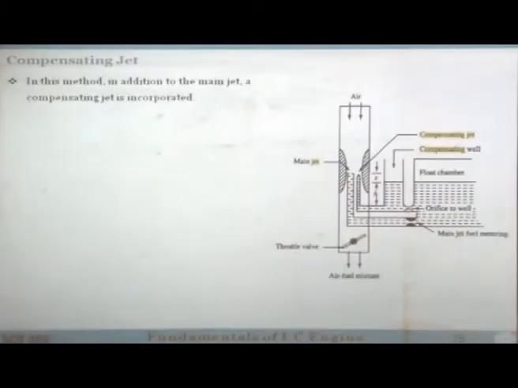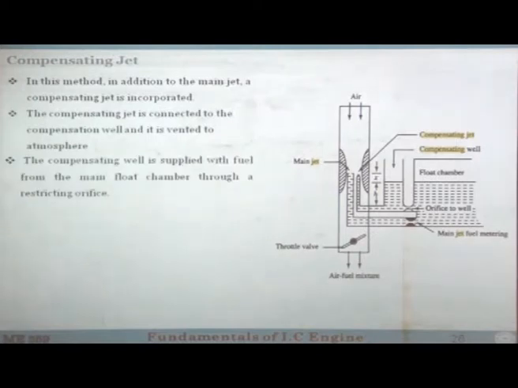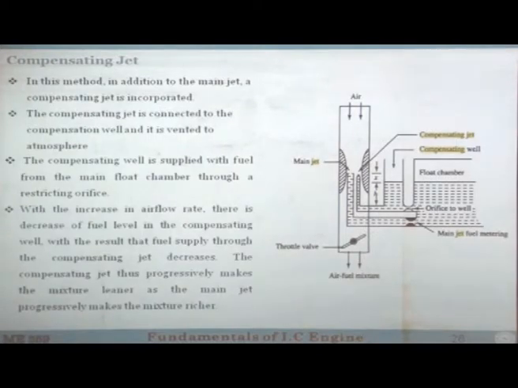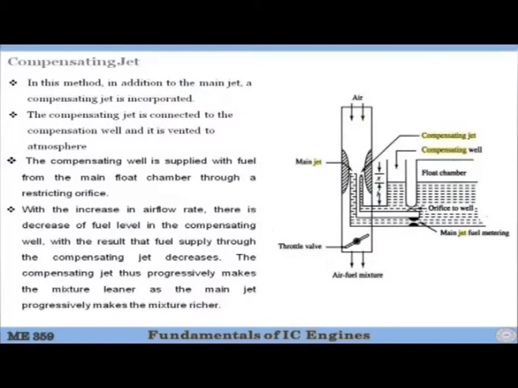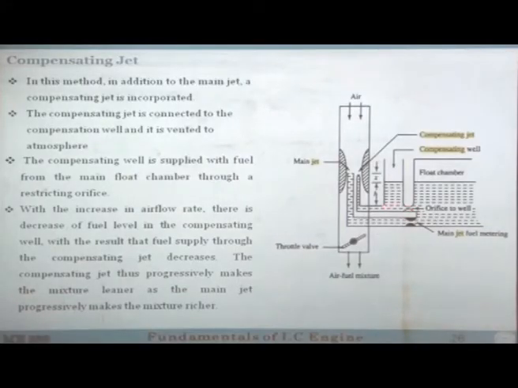The second device is called the compensating jet. How does it work? Here you see this is the compensating well. The tank is actually divided into two parts. One is the main tank, the float chamber, and there is a small compensating well and there is an orifice, a very small orifice, so that this tank fills very slowly.